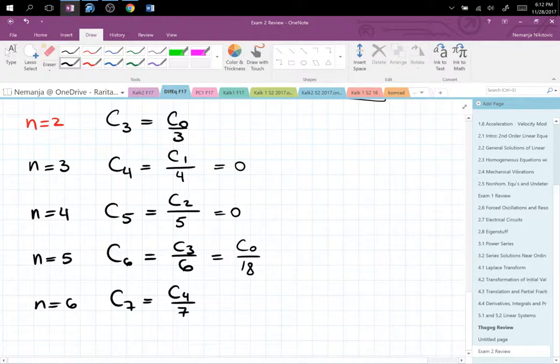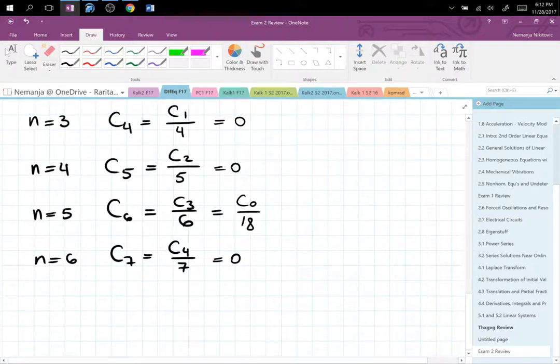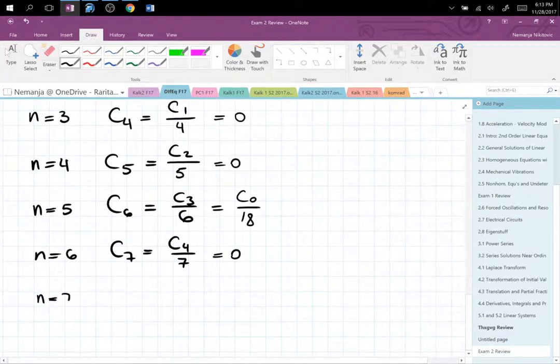So C6 survives, but C7 is doomed because C4 is 0, so that one is 0. N equals 7 is C8, which is C5 over 8, and that one is equal to 0 because C5 was 0.